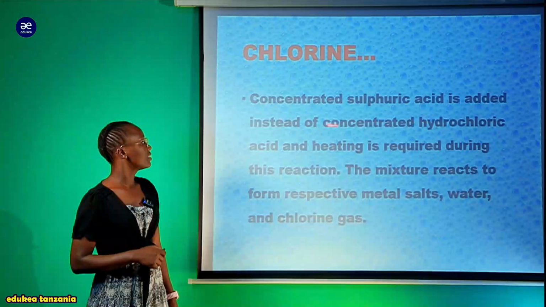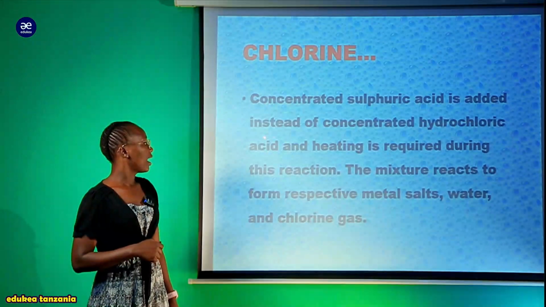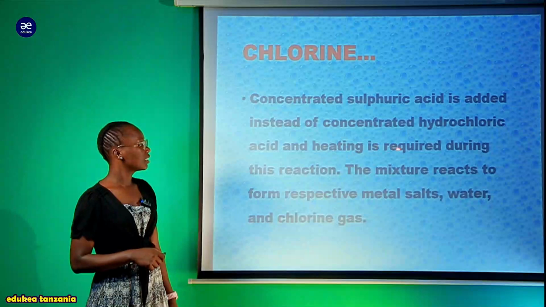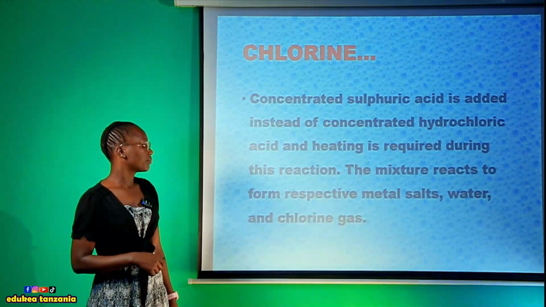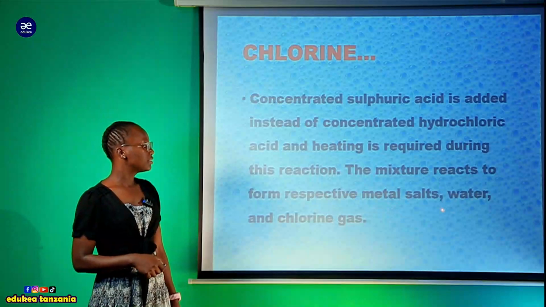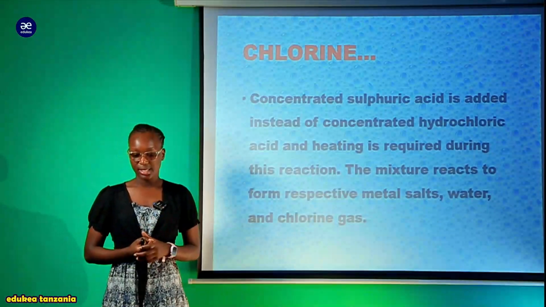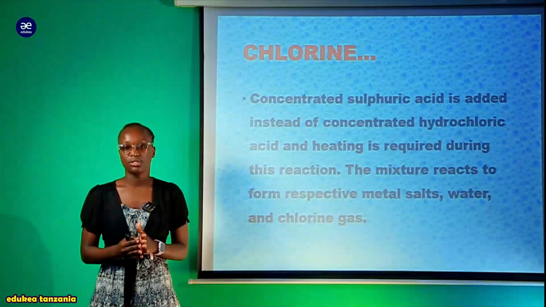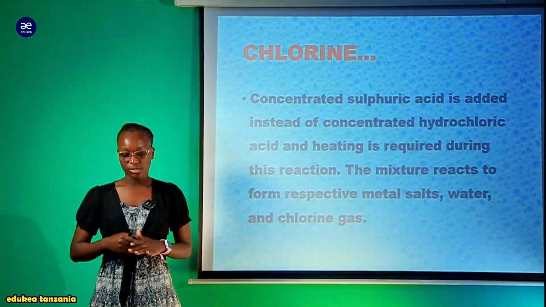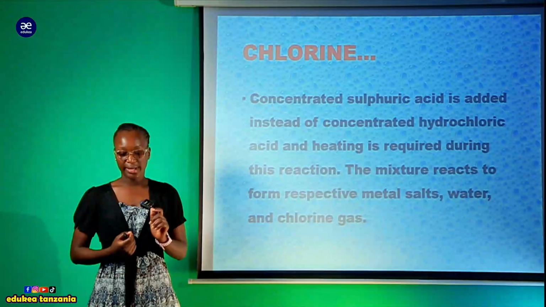Concentrated sulfuric acid is added instead of concentrated hydrochloric acid, and heating is required during this reaction. The mixture reacts to form the respective metal salt, water and chlorine gas. Kwamba concentrated sulfuric acid inakuwa added instead of concentrated hydrochloric acid. So the one used is concentrated sulfuric acid and not concentrated hydrochloric acid.